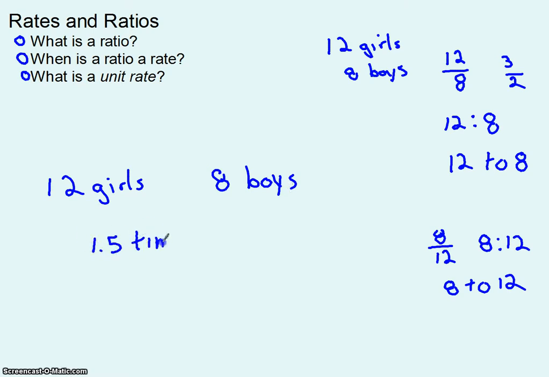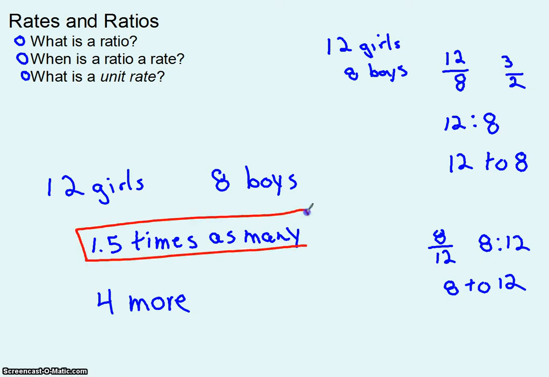1.5 times as many, or 4 more. Either one of those is a perfectly reasonable way to compare numbers. A ratio specifically compares this way. And I ask people, well, how did you get that?